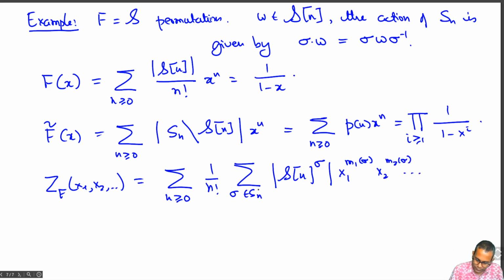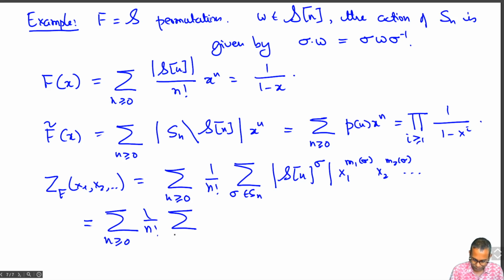Now this only depends on the cycle type of sigma. The number of fixed points for sigma is the size of the centralizer of sigma, and that only depends on the cycle type of sigma. So we have the summation over n of 1 over n factorial, and the cycle types are given by partitions of n.